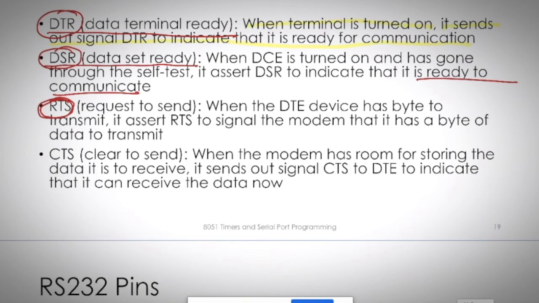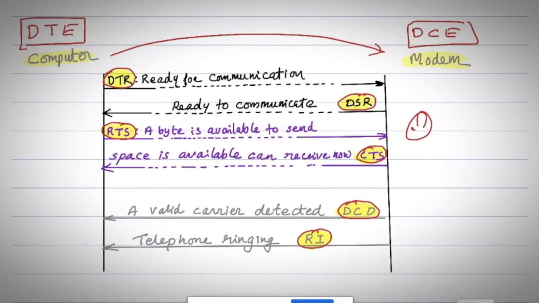That is the third step. The computer sends a signal to the modem stating that there is a byte available with me to be sent to you. That is what the RTS signal does.